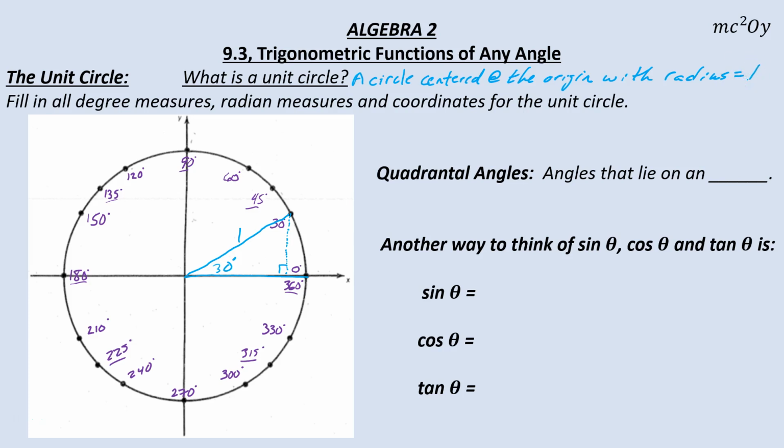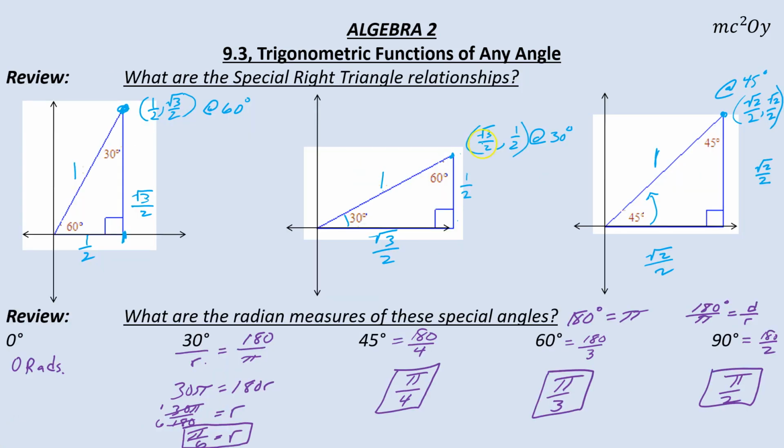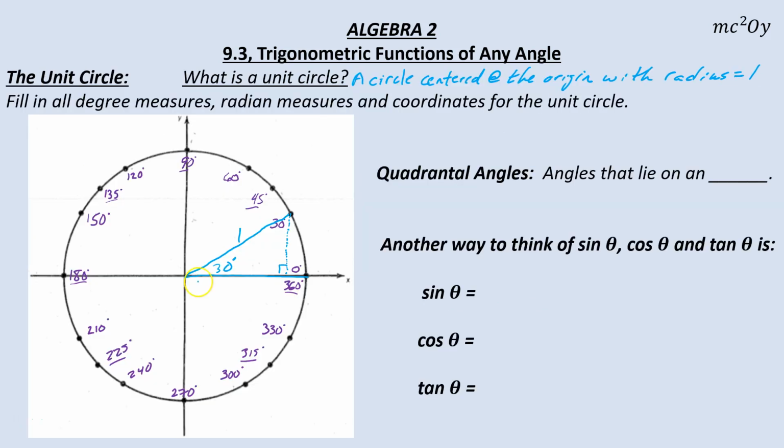That is a unit circle. Okay? And so if this is 1, our special angle measures were √3/2, 1/2. That was the length. So this length was √3/2. This length was 1/2.